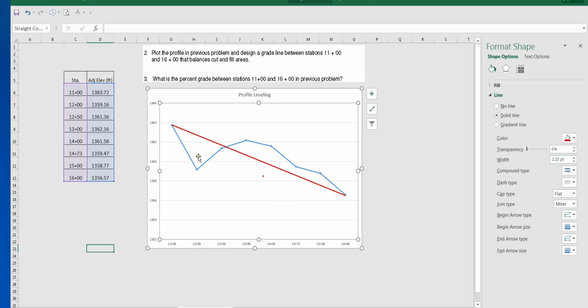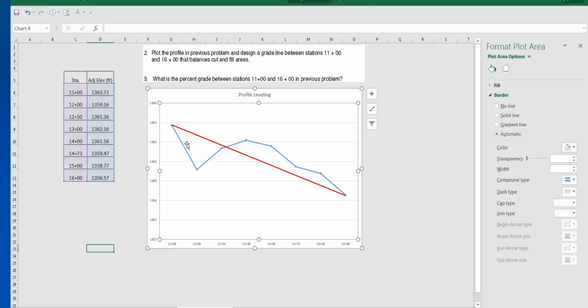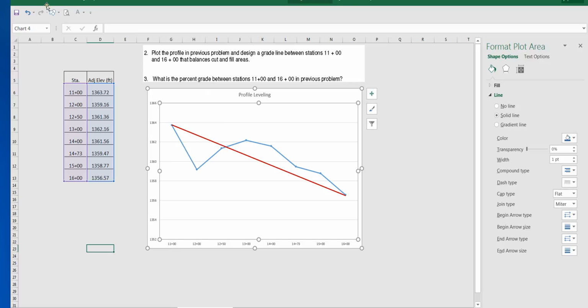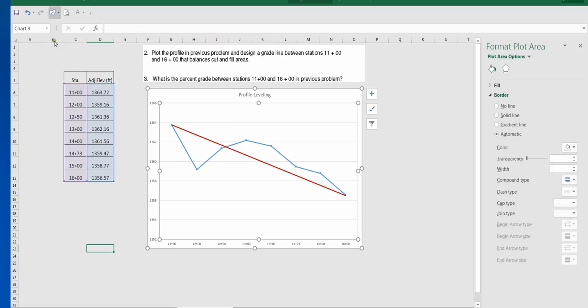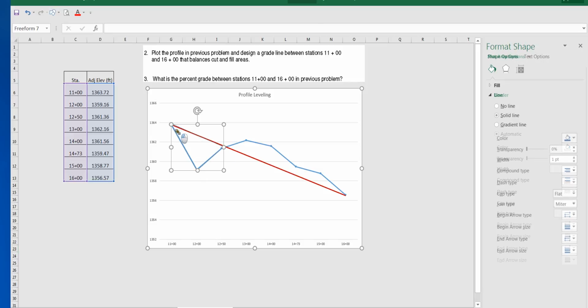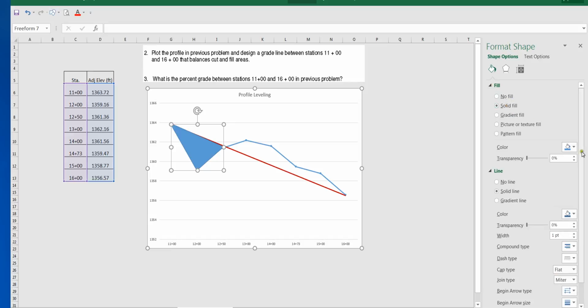Okay, so that means this area here, let me see if I can draw it. Whoops, I'm having a hard time using Excel. And I'm going to fill this.